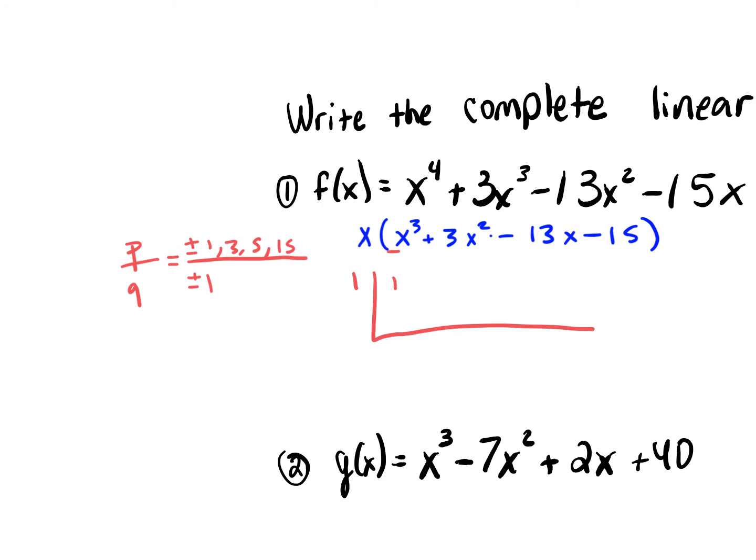Yeah. So we have 1, 3, negative 13, and negative 15 inside of our box. Drop down the 1, multiply, we get 1, add, we get 4, multiply, 4, add, we get -9. Multiply, it's not going to work. Let's try -1.